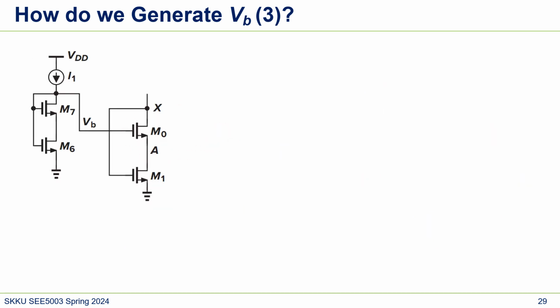And there's a third way to generate VB. Let's bring up the condition for VB. It was VGS1 plus VGS0 minus VTH1, right?